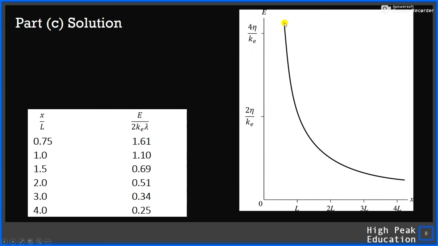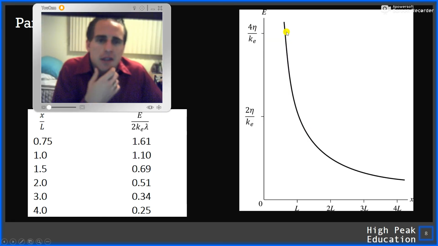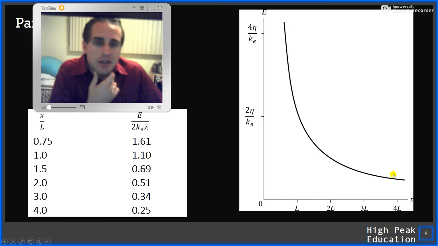Notice that it looks like the curve 1 over x from calculus, and it falls off with a 1 over x dependence. So again, x is like a radius, and notice that it falls off as a reciprocal function.